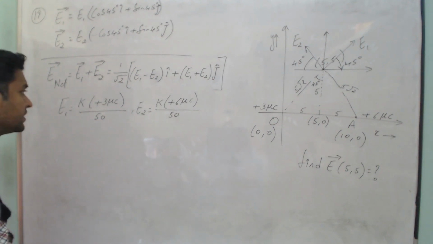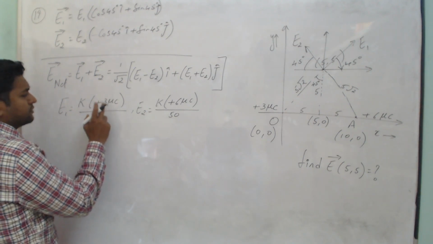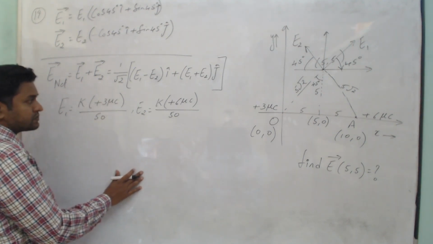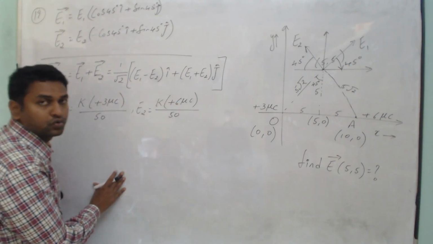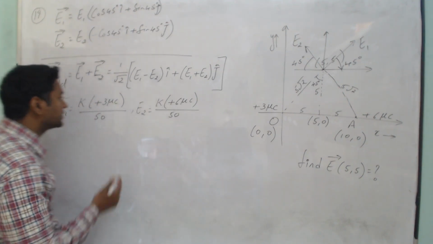Fine. So K is same, 3 and by 50, and micro is also same. In E1 minus E2, I'll get 1 minus 2. 3 minus 6 is minus 3, right?